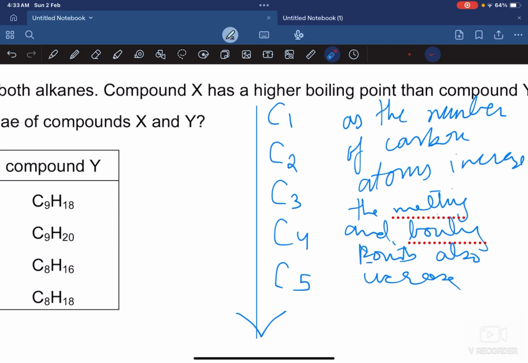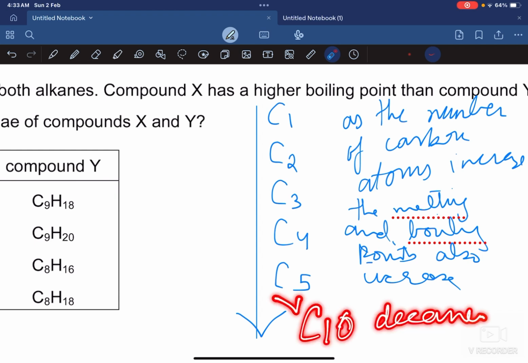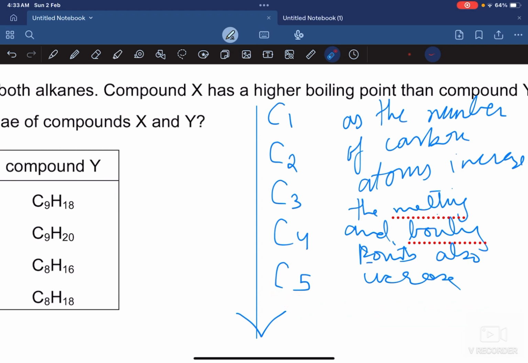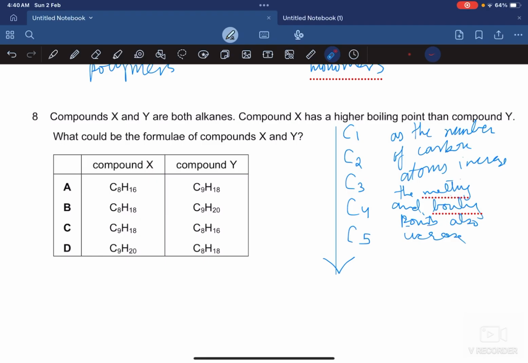Now I'm introducing a new compound, C10, which is decane. Decane is going to have the highest melting and boiling point in this chain because it has more carbon atoms. What I told you: if you take decane, it's going to have a higher melting and boiling point than all of them, because it has the highest number of carbon atoms. The more carbon atoms you have, the higher the melting and boiling point.